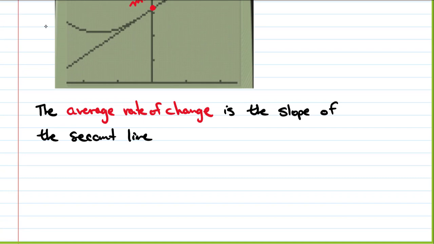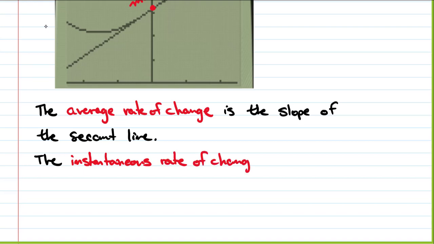The instantaneous rate of change is the slope of the tangent line.